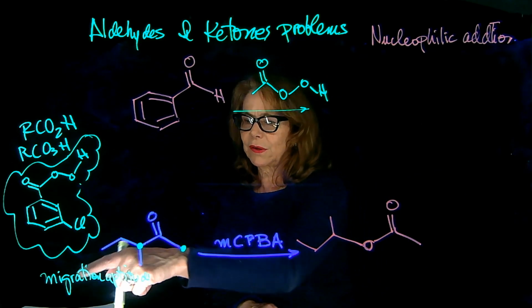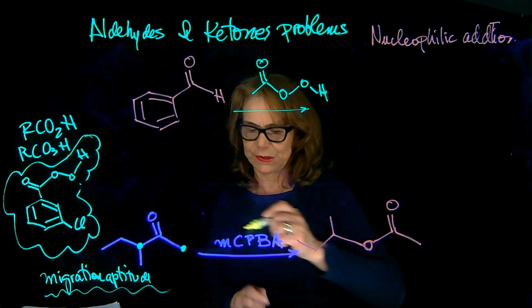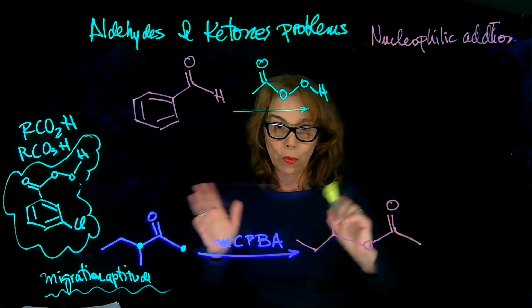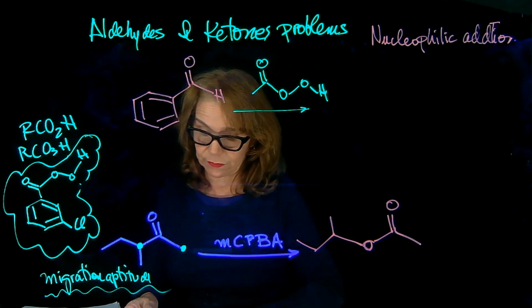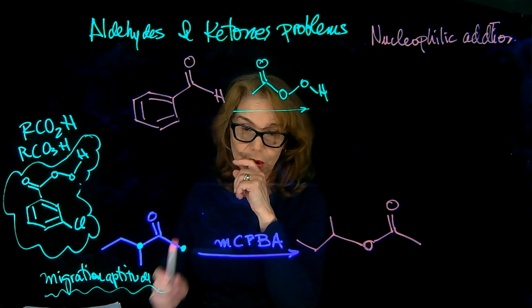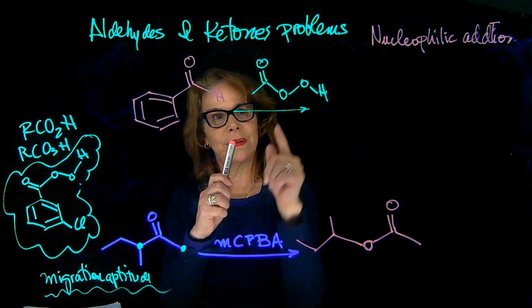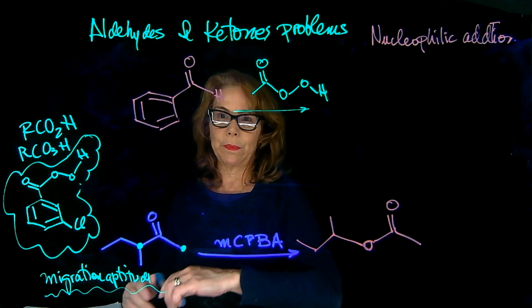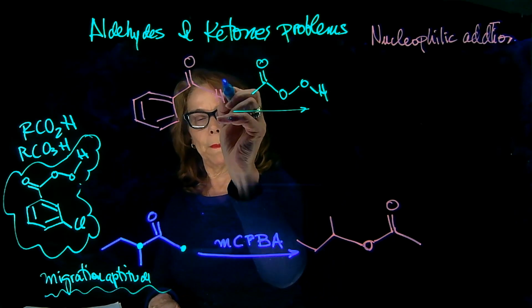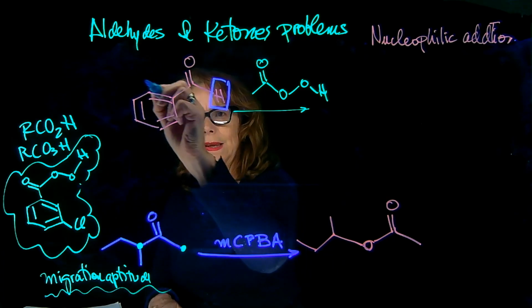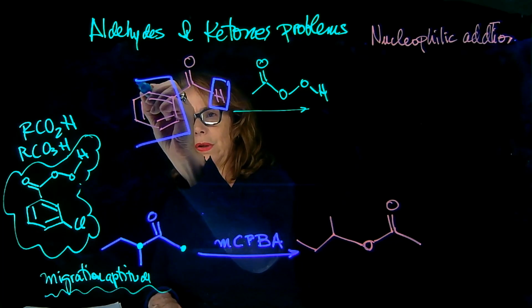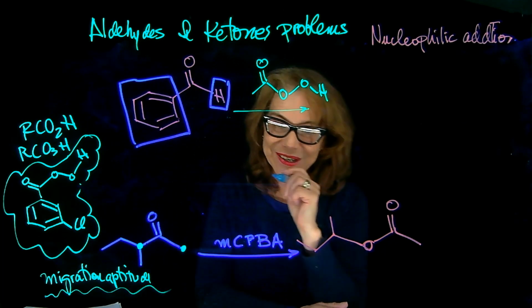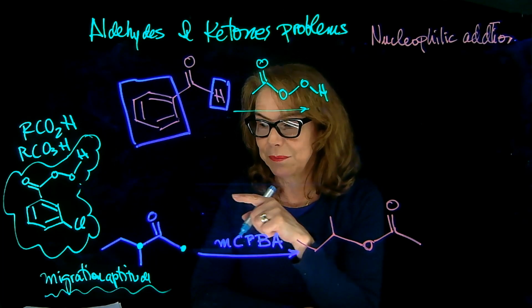So again, this goes to migration aptitude, to see to which side in this reaction, the Baeyer-Villiger oxidation, we're putting the oxygen that we're inserting. So here you are comparing between the H and the phenyl group. And you guys check that out in your book. That H has better migration aptitude.